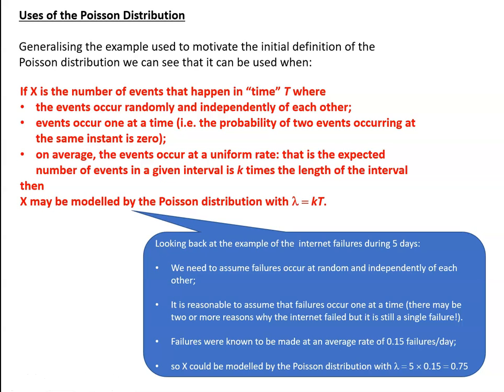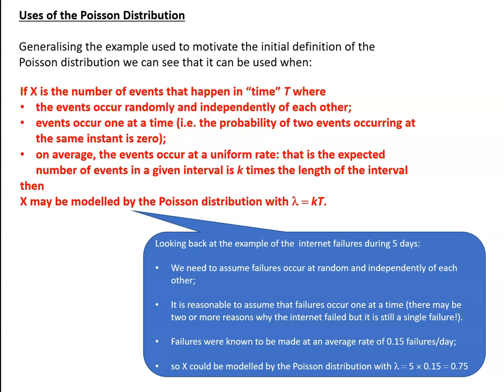Looking back at the example of the internet failures then, we need to assume that failures occurred at random and independently of each other. We took it as being reasonable to assume that failures occur one at a time. There may be two or more reasons why the internet failed, but it still counts as a single failure.